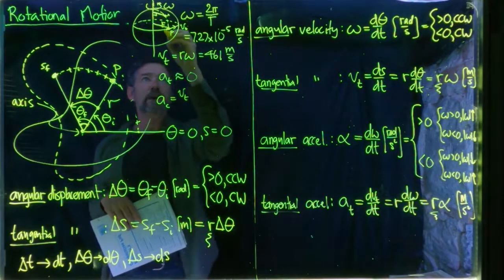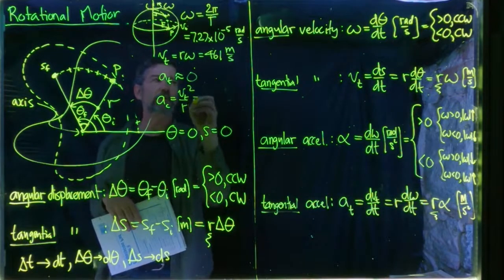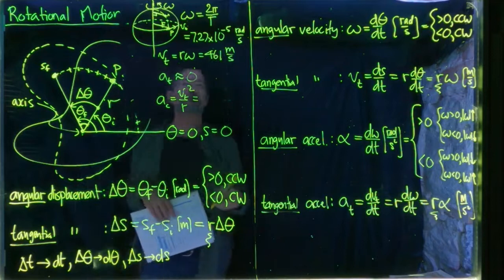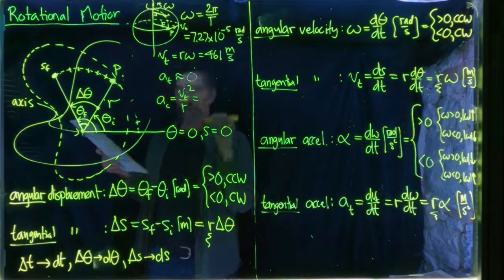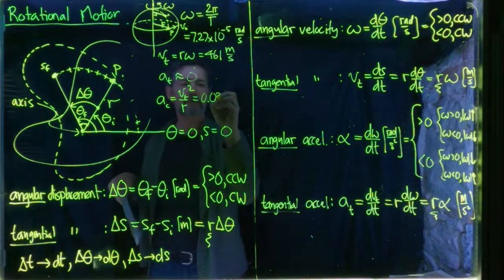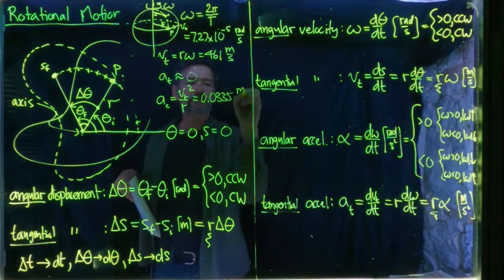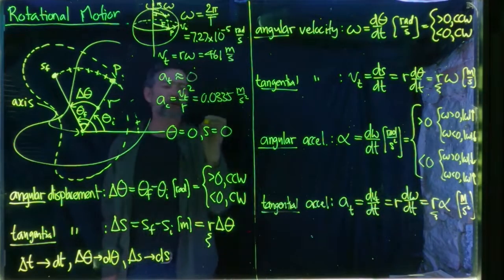In this case, it's the tangential velocity squared divided by the radius of the Earth. So if you put 461 meters per second squared divided by the radius of the Earth, you get 0.035 meters per second squared. And that's an acceleration, so you want to compare that to g.